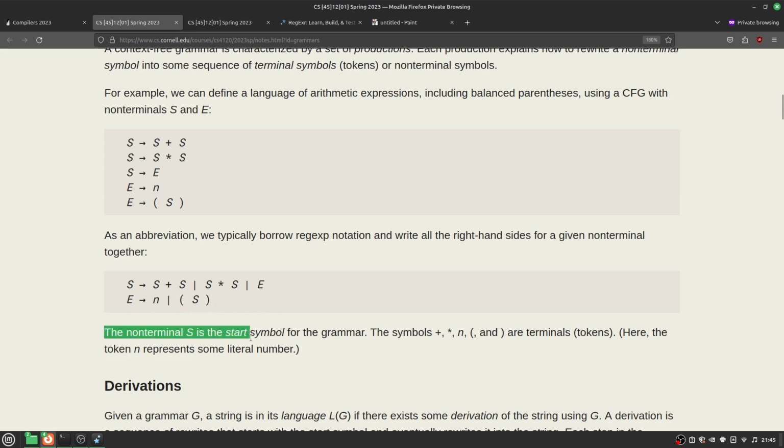The non-terminal S is the start symbol for the grammar. The symbols plus, asterisk, N, and these parentheses are terminals, tokens. Here the token n represents some literal number.